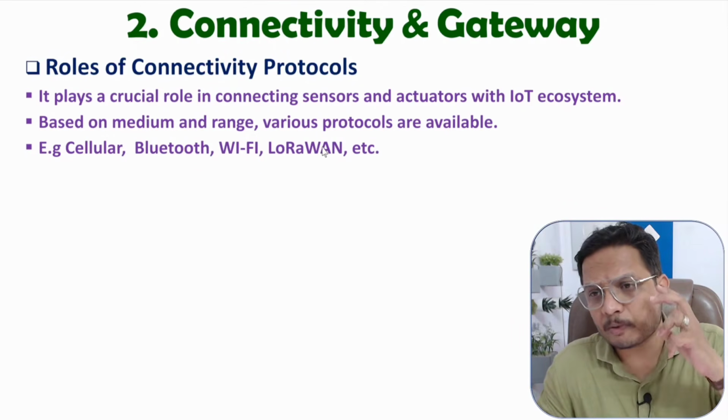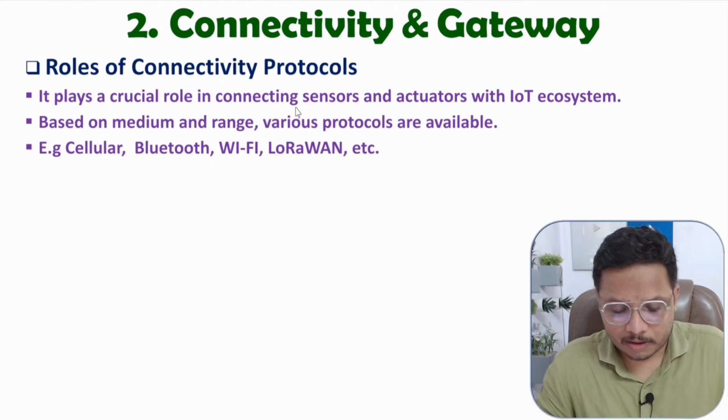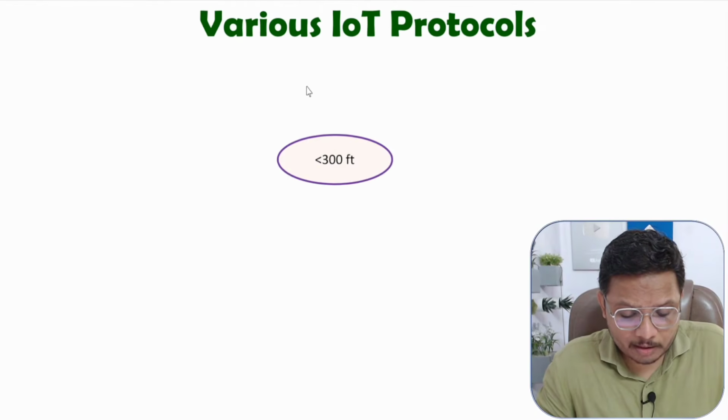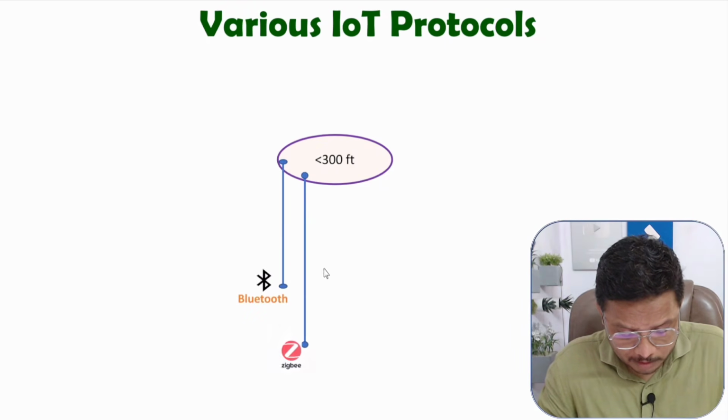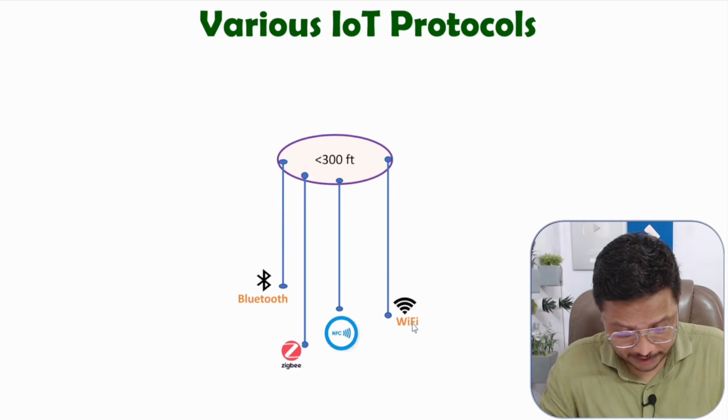Let me discuss those protocols in terms of range, so that will give you more clarity about how those protocols are used. When we talk about IoT protocols for connectivity, for less than 300 feet, we can use Bluetooth, Zigbee, NFC, and Wi-Fi.